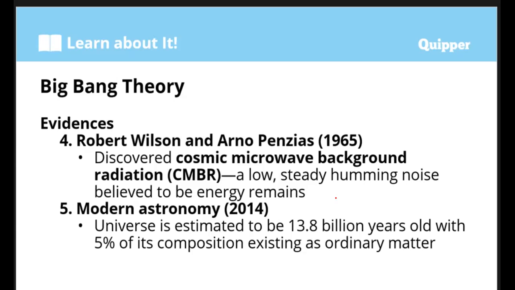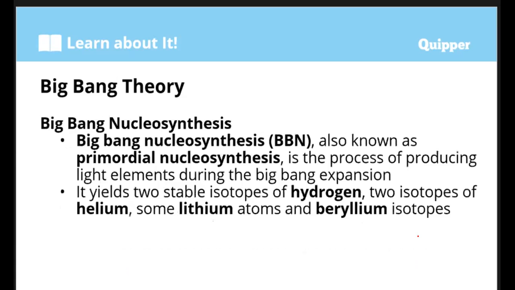So according to modern astronomy, with the contribution of the ideas of all the astronomers who gathered evidence to support this theory, the universe is estimated to be 13.8 billion years old, with 5% of its composition existing as ordinary matter, because that point or singularity contains all of the matter, the motion, the time, and energy.